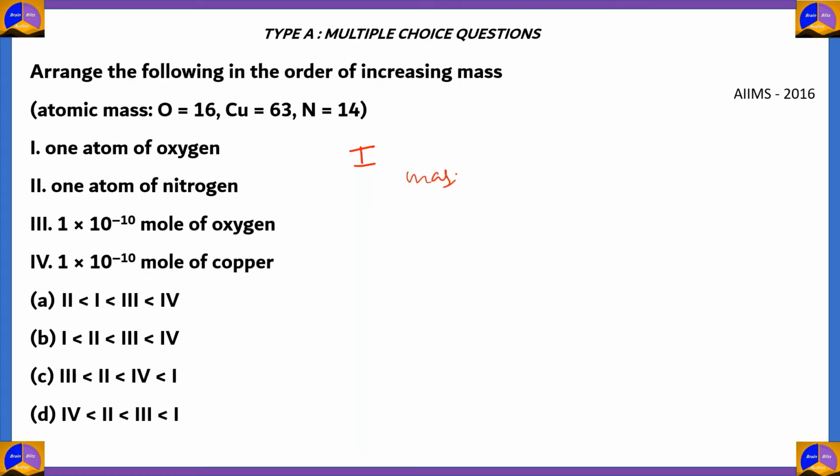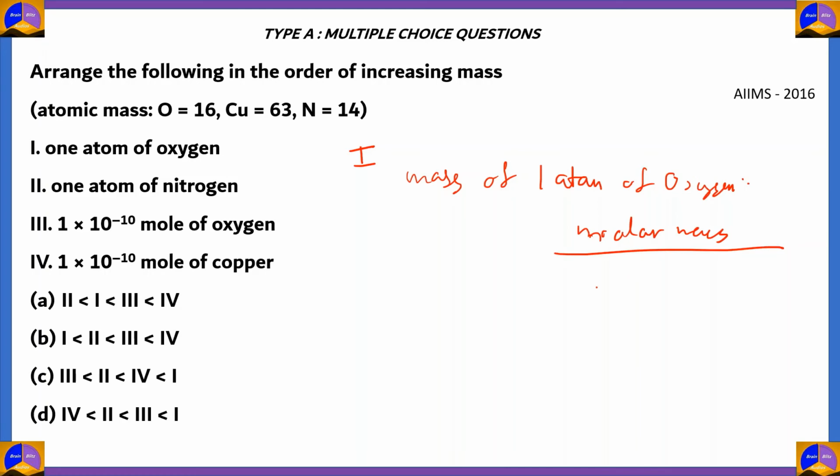So to calculate the mass of 1 atom of oxygen, we will divide the molar mass by the number of molecules in 1 mole, basically the Avogadro's number.